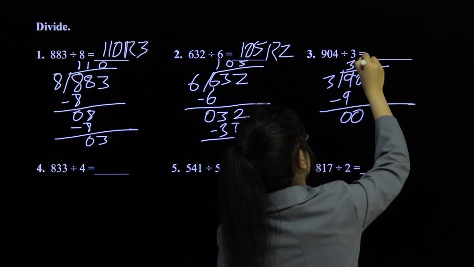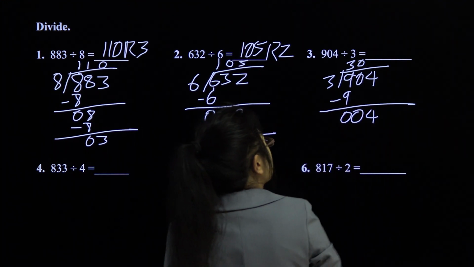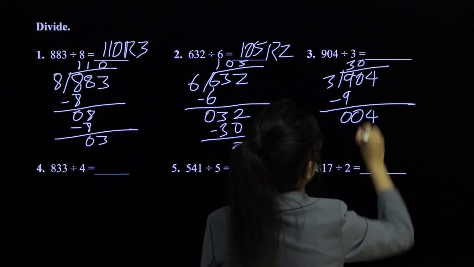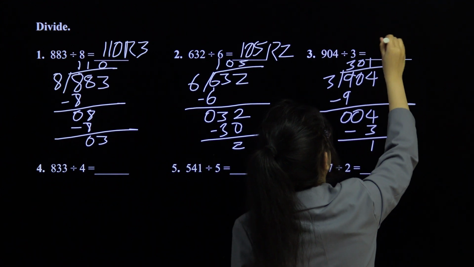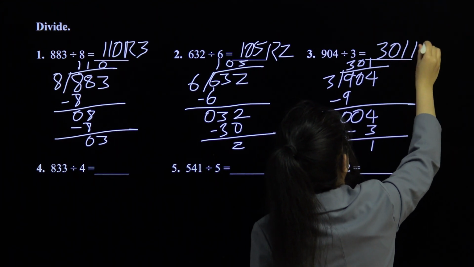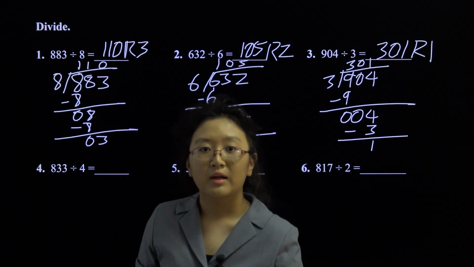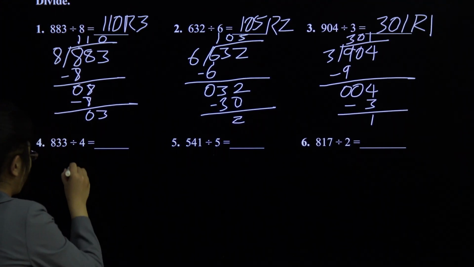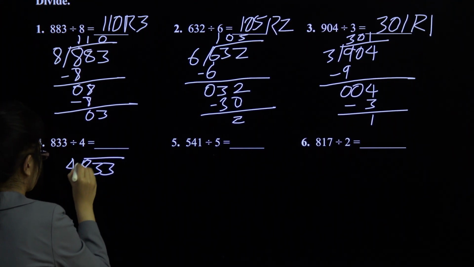But you can't do that without adding a 0 to the quotient. So you do that, and then you drag down another digit. 3 goes into 4 once with a remainder of 1. 301, remainder 1 is the answer to question number 3. Now we move on. Question number 4 has 833 divided by 4.